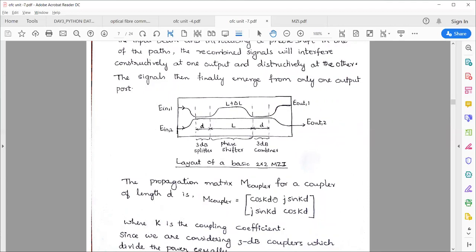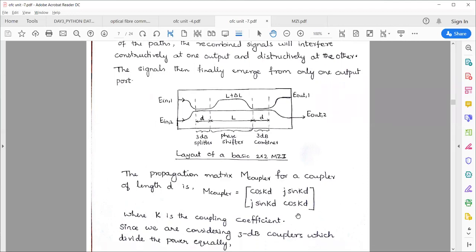The propagation matrix of the coupler is given as M coupler equals cos kd, j sin kd, cos kd, where k is the coupling coefficient.